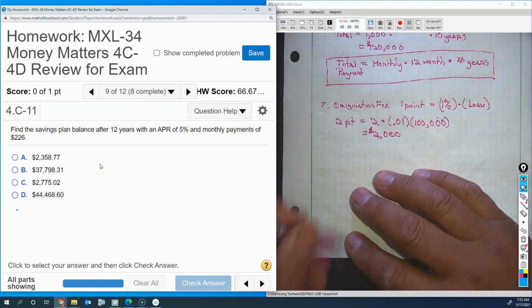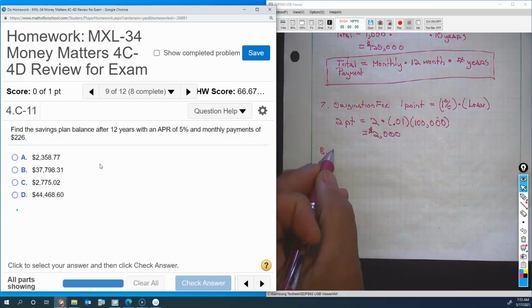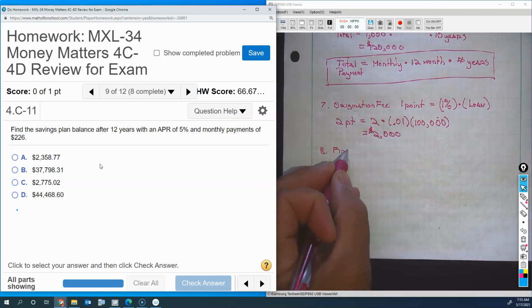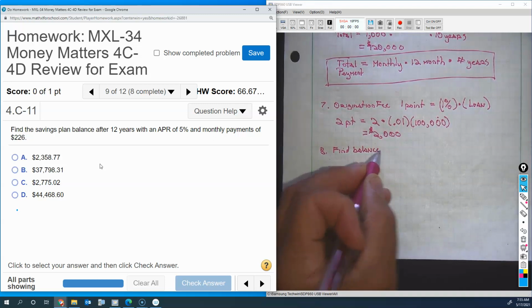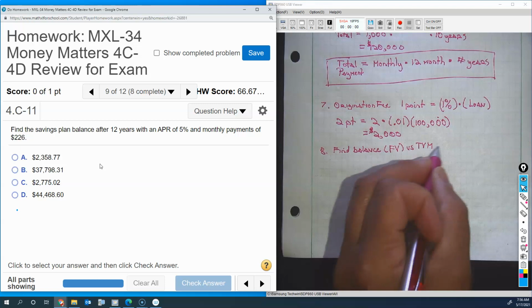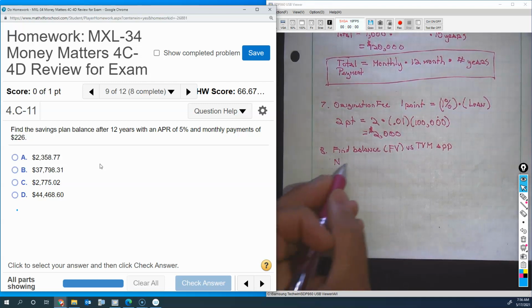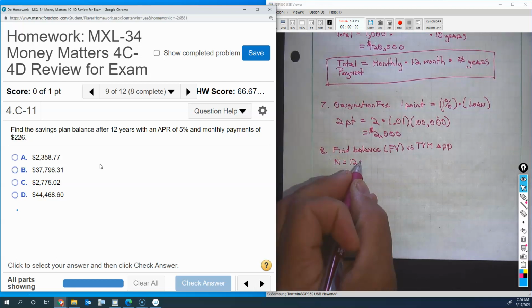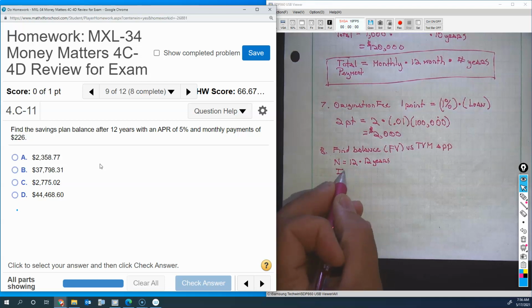Number 8. Now you can use the TVM calculator on this to find the balance, which is the final value. So N, for me, it's 12 years, so this is 12 payments times 12 years. My interest is 5%.